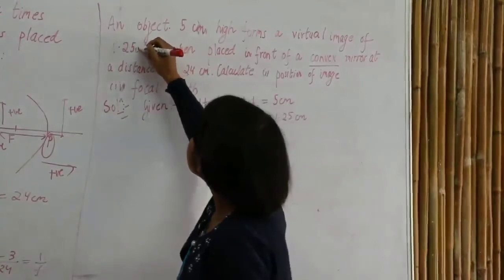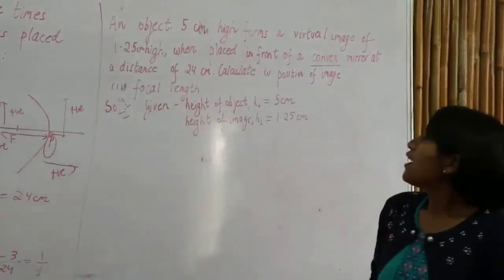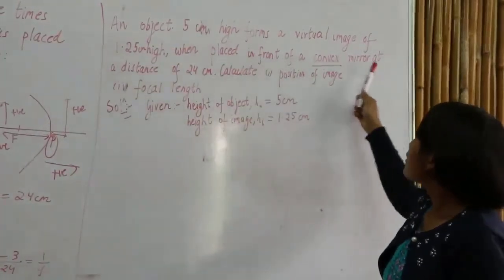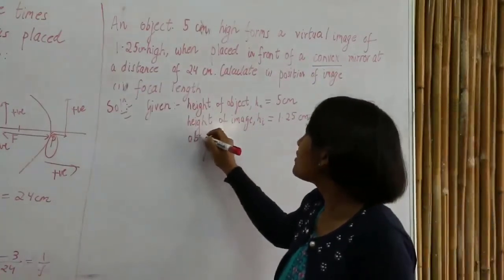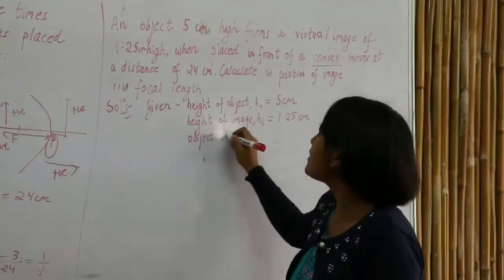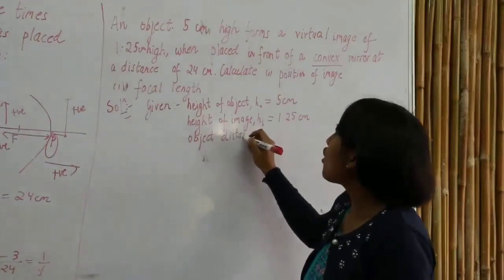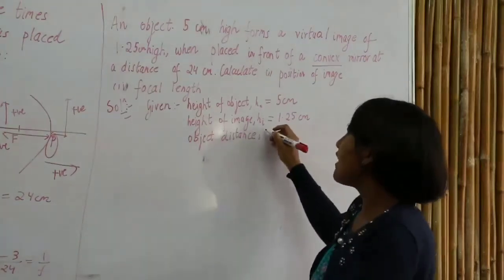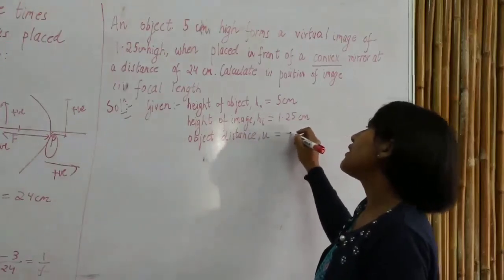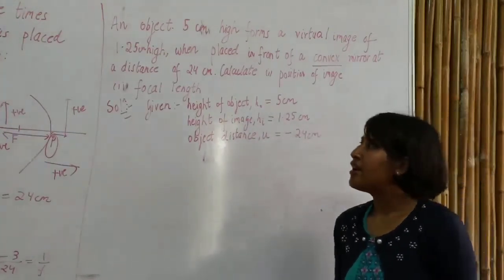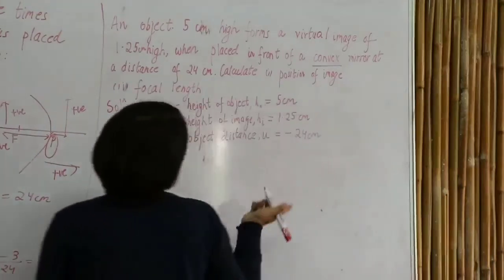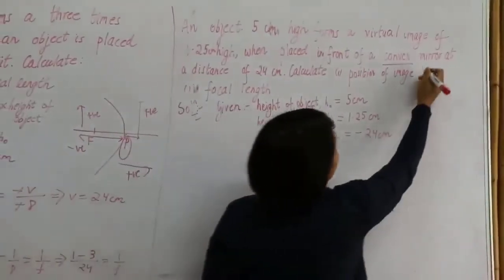Then this object is placed at a distance of 24 centimeter. This is the object distance, and since the object is always placed towards the left, it will be negative. Then we have to find v and f.